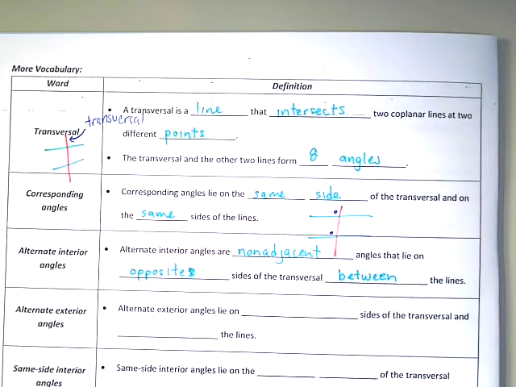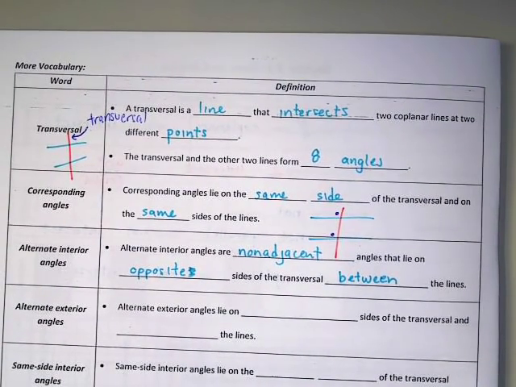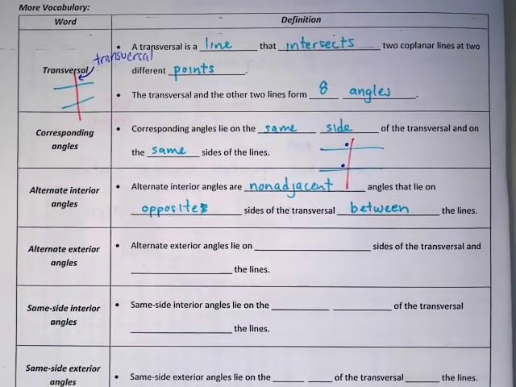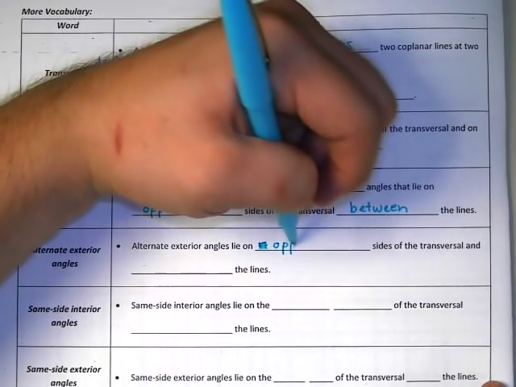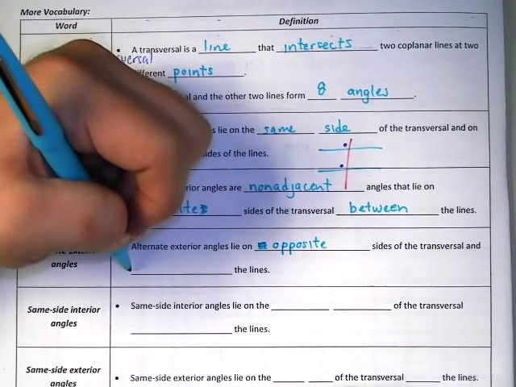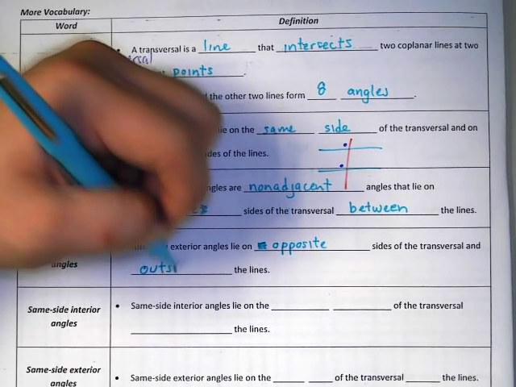All right, just to save some time, I'm going to wait until we get down to the bottom to explain some of these. Let's get through the definitions and then we'll talk about them. Alternate exterior angles, very similar to alternate interior, also lie on opposite sides of the transversal and are outside of the lines.